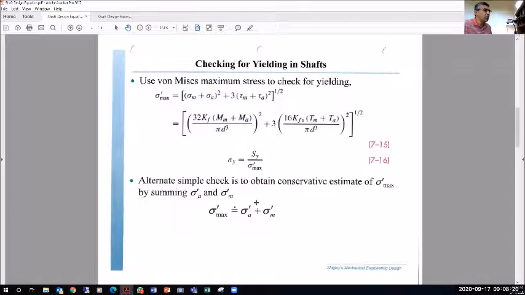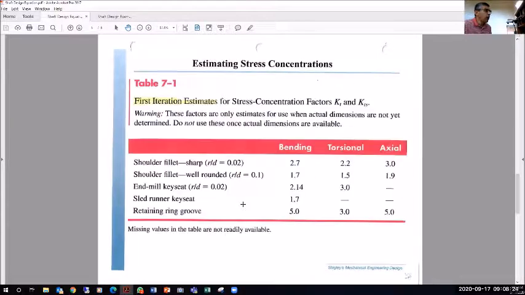In general, if you're using standard geometry, we have this table 7.1 that we can use for our first iteration estimates for stress concentration, Kt and Kts.